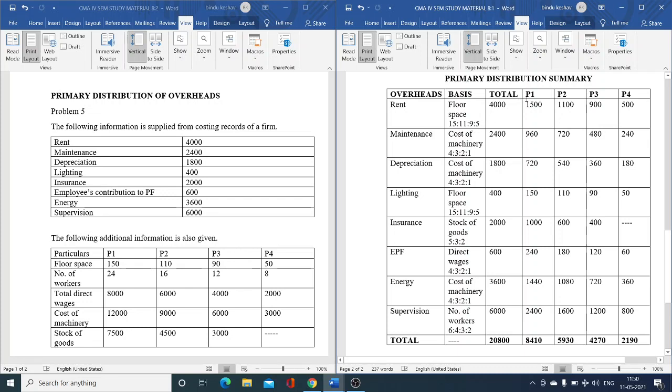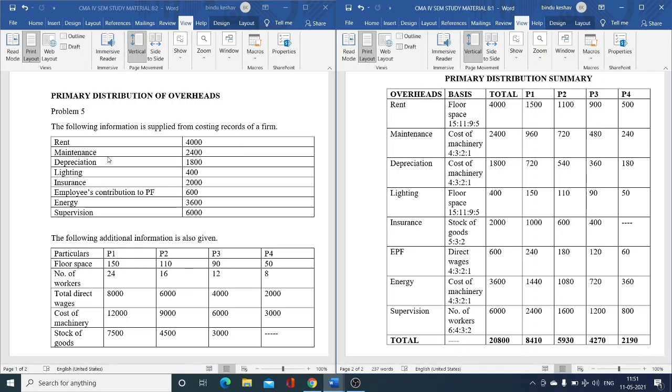The first department P1 will be 4,000 into 15 divided by 40, that is 1,500. For the second department, 4,000 into 11 divided by 40, 1,100. For the third department, 4,000 into 9 divided by 40, 900. For the last department, 4,000 into 5 divided by 40, that is rupees 500. So in this way we are distributing it to the different departments.